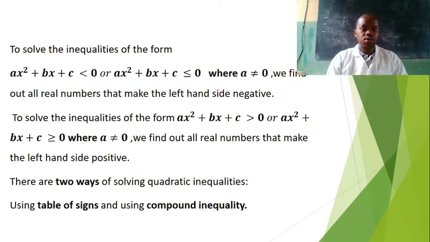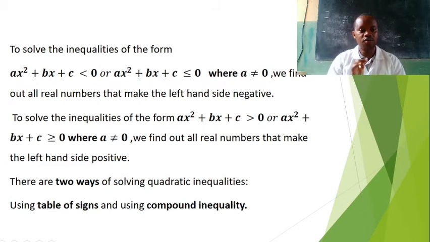To solve inequalities of the form ax squared plus bx plus c less than 0, or ax squared plus bx plus c less than or equal to 0, where a is different from 0, we find all real numbers that make the left hand side negative.